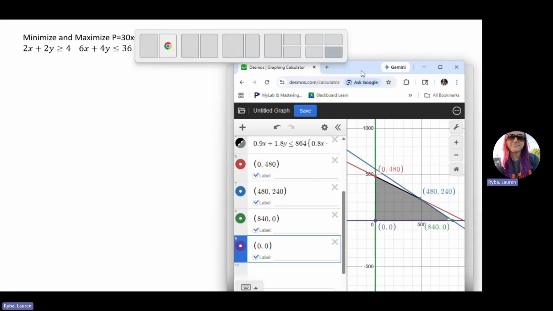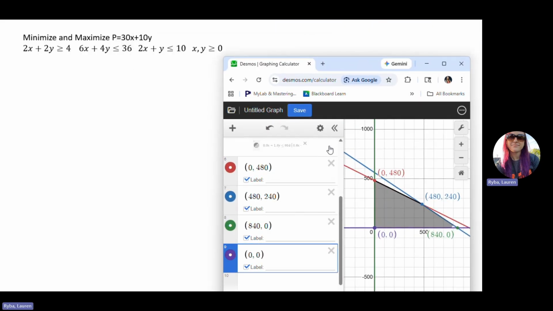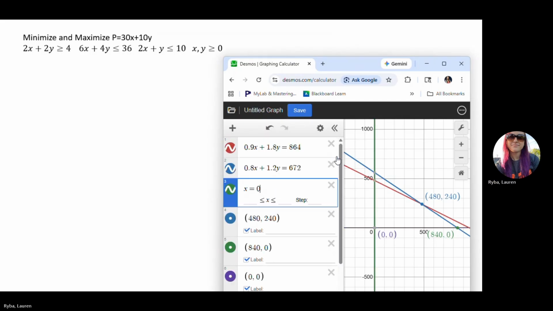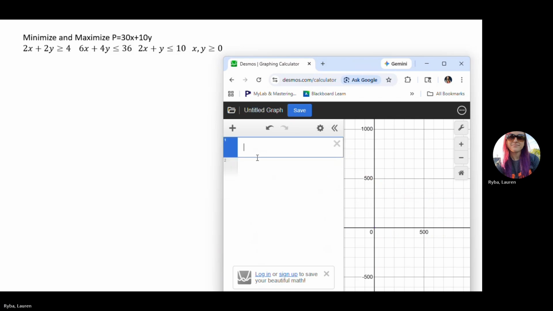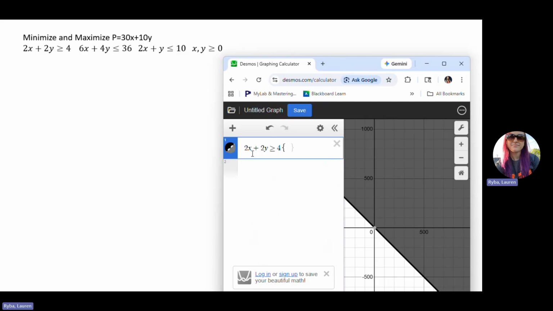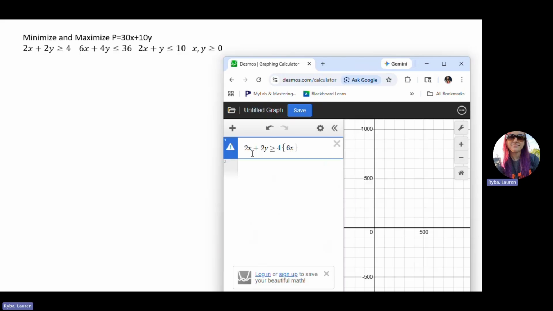I'm going to move this over here. Okay, I'm going to try to put all of these in one. Just because the numbers don't seem too high, I should be able to count my points. 2x plus 2y greater or equal 4. And then I'm just going to put them all in here. So in brackets, 6x plus 4y less equal 36.